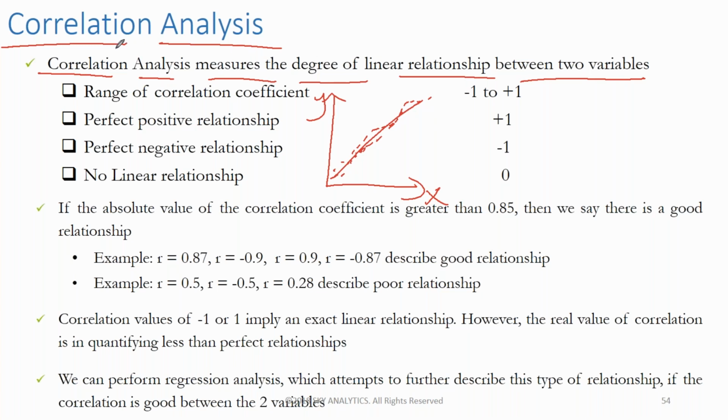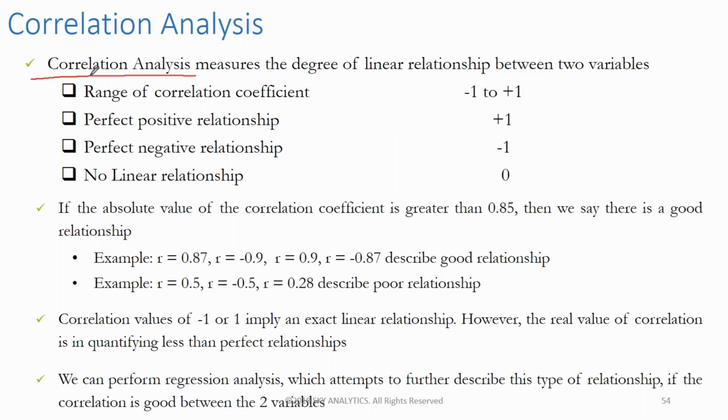The measure of the data points following the straight line is called correlation analysis, and this is called your correlation coefficient.